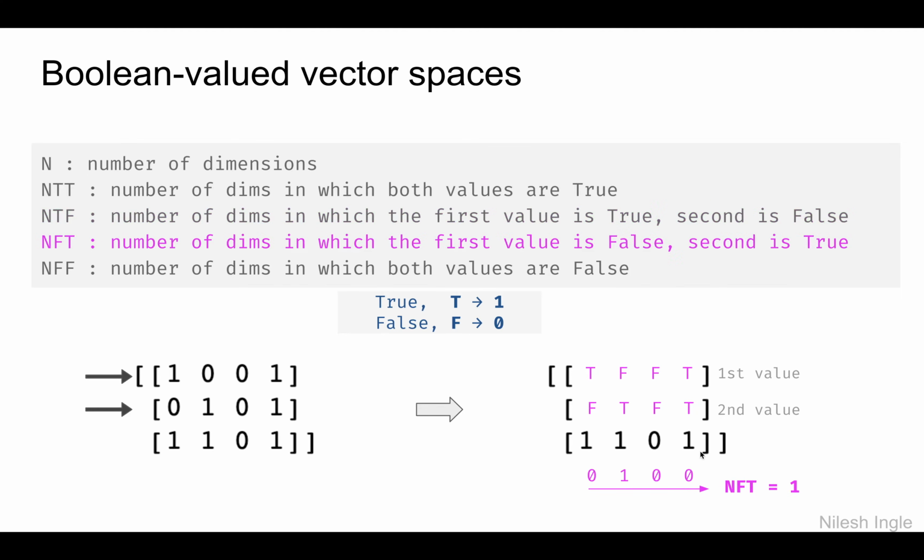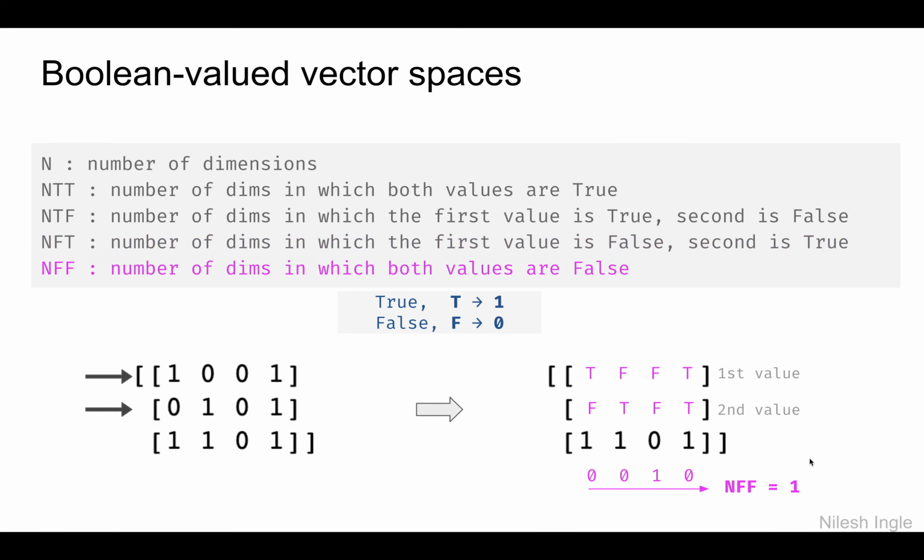And so on for nft, the first value should be false and the second value should be true. So we have false and true here, and others are not false, true, so we put a 0, and the count for false, true arrangements in that data is just 1. So we have a value of nft as 1.